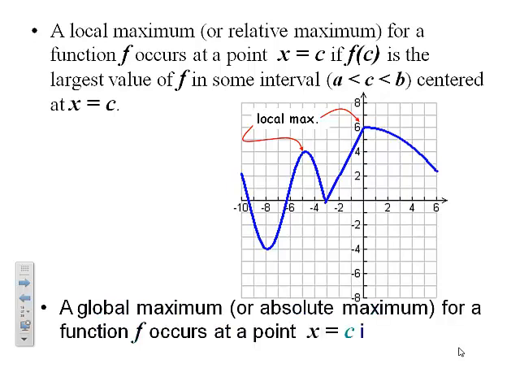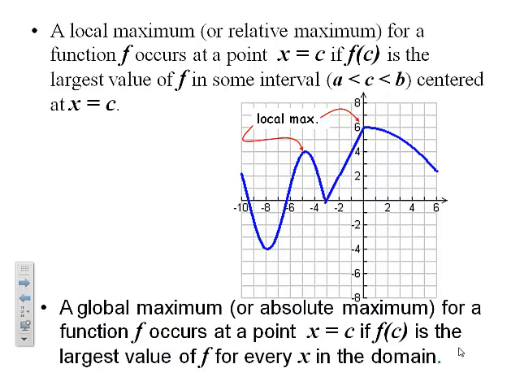Global maximums occur at the point if it's the largest value of the function for every single x in the domain. So a local max is the highest value of the function within some interval from a to b. A global maximum is the largest value anywhere in the domain.